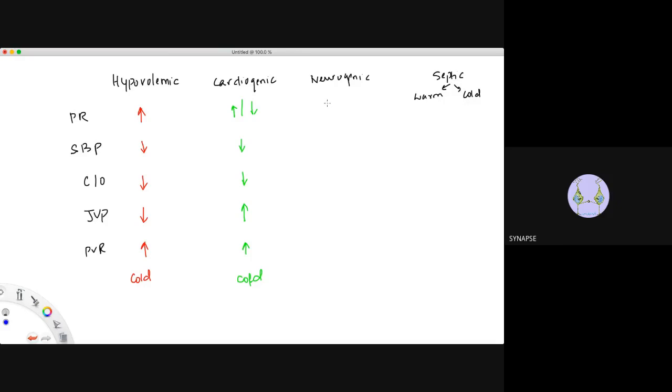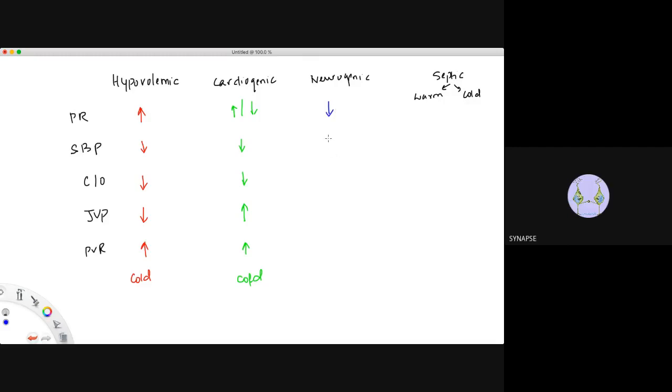What is happening to pulse rate in neurogenic? There is no sympathetic activity, so there is no noradrenaline. The heart is not stimulated, so it's going to cause bradycardia. Correct.